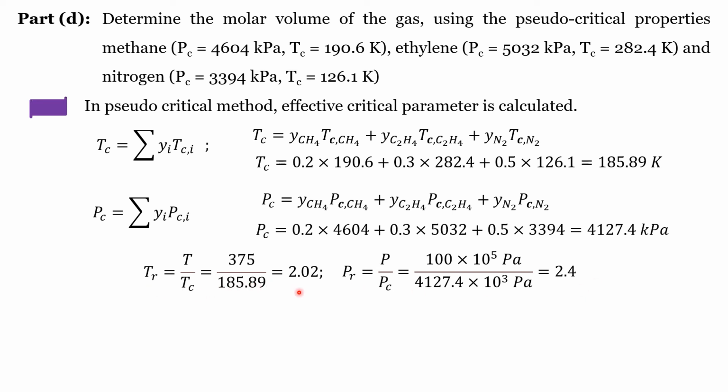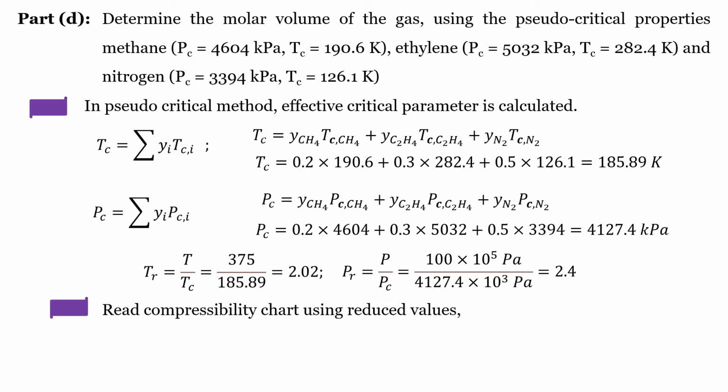Now using the reduced parameters, that is TR and PR, we can read the generalized compressibility chart. After reading the compressibility chart, we obtained the value of compressibility factor equal to 0.96. This is the compressibility factor for gas mixture, because we have used the values of TR and PR which correspond to gas mixture.